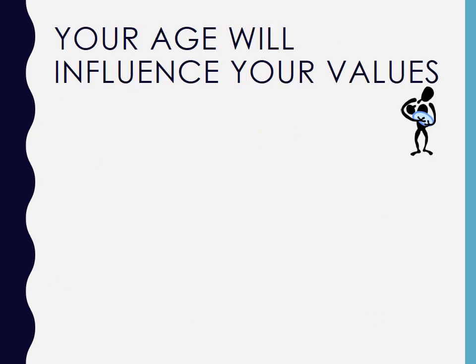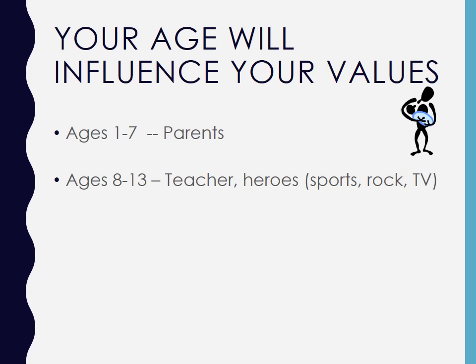Your age does have an impact on your values. When you're a small child in elementary school and below, your parents are the only place you're really getting your values from. These are the people that teach you your basic wants and needs as well. Between the ages of 8 to 13, which is when you're in school, the people you get your values from can also be your teachers or your heroes.